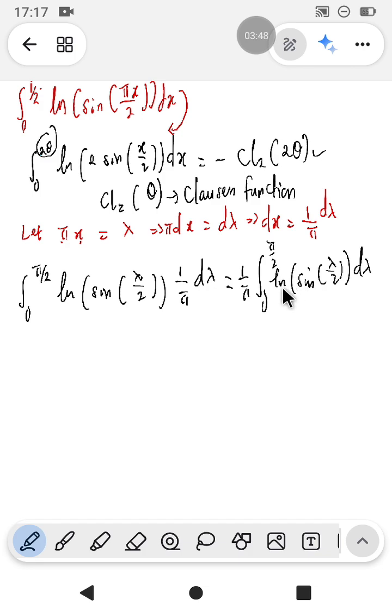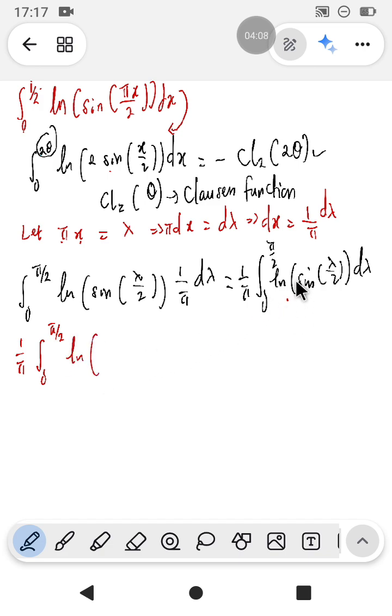All right, so what are we going to do now? We are going to make use of some manipulations here so that this integral will look exactly like this integral. So what manipulation are we making use of? Now, look at something. Don't forget, we have 1 over pi times the integral from 0 to pi over 2 of the natural log. So this is what I'm going to do.